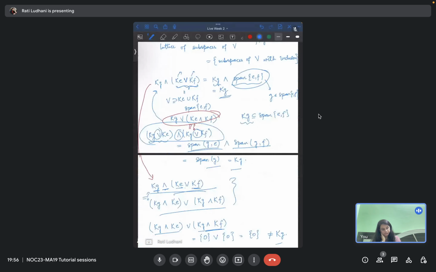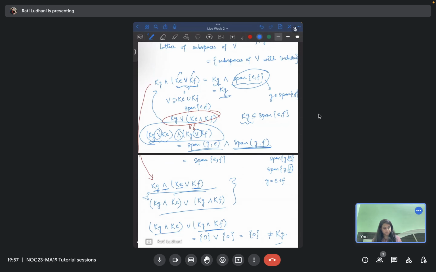This should be the span of G and E, and this should be the span of G and F. The intersection should be the span of G and E and the span of G and F. Since G is equal to E plus F, you are just saying E and F, so you are saying the span of E and F basically.